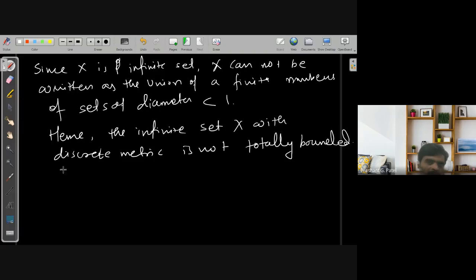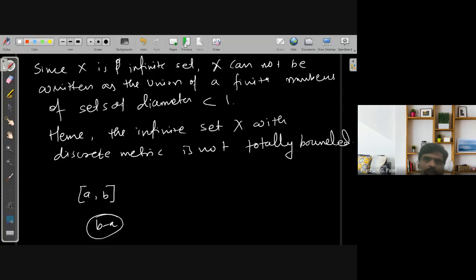Any infinite set, you can write down, for example a closed interval [a,b] with a discrete metric, is not totally bounded, but it is bounded because its diameter is b minus a.